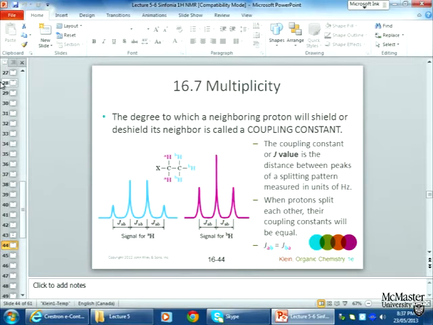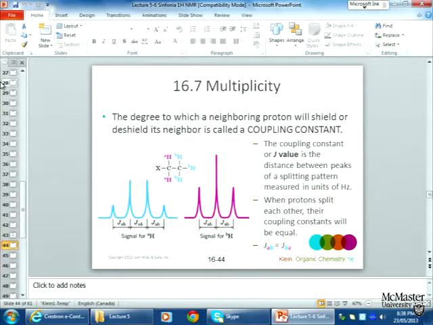So if you look at slide 1644, there's a classic example of an ethyl group, right? We have typical patterns not only for one neighbor, two neighbors, three neighbors, but we actually get very classical, very characteristic patterns for particular types of groups. An ethyl group has a CH3 with two neighbors. It's a triplet. It has a CH2 with three neighbors. It's a quartet.